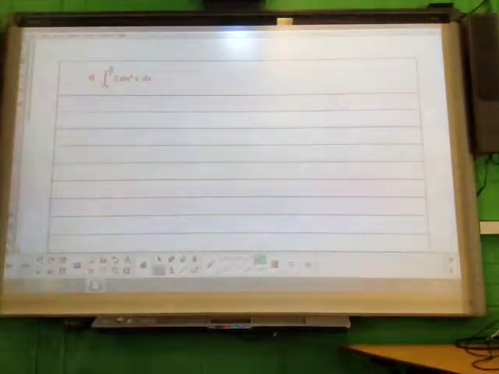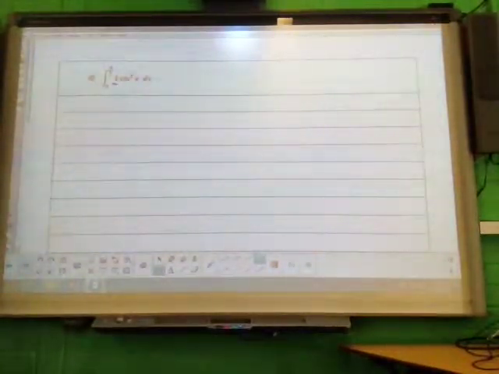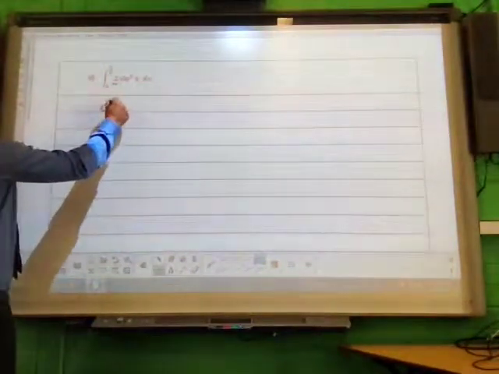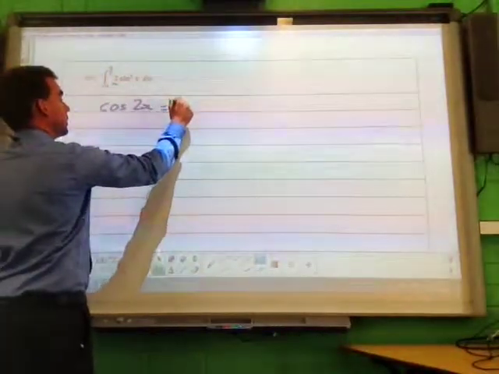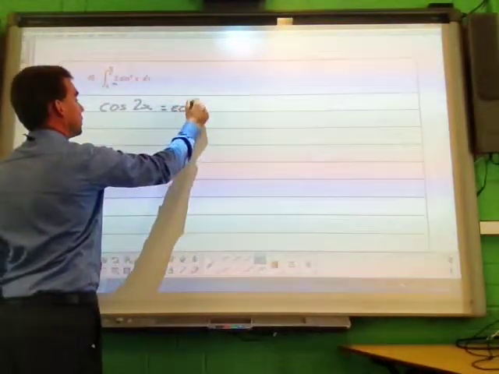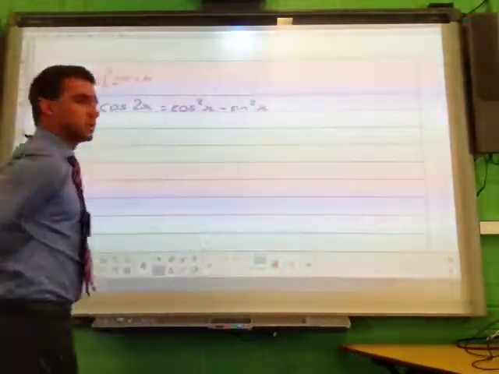Right, a couple of definite integrals now. There's a constant 2, but that's at the very front, so really all I need to do is put it in front of the integrand. We really just need to rearrange for sine squared of x. So cos of 2x is cos squared of x minus sine squared of x.